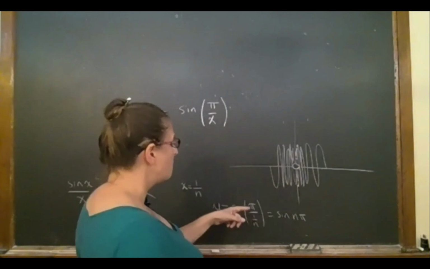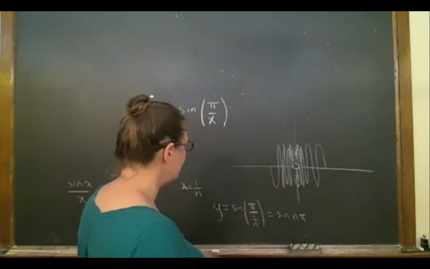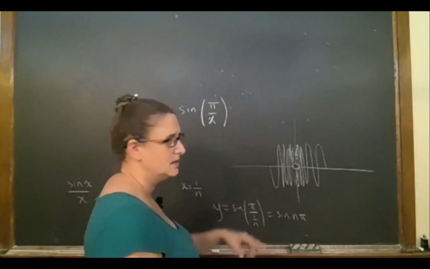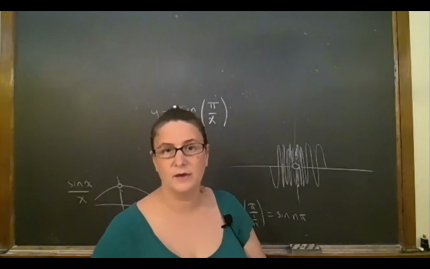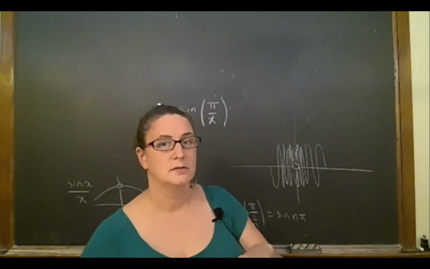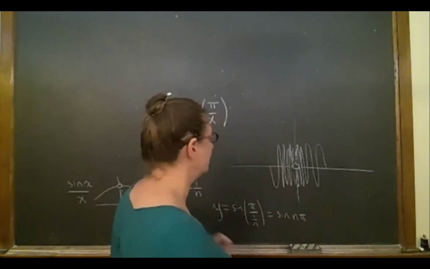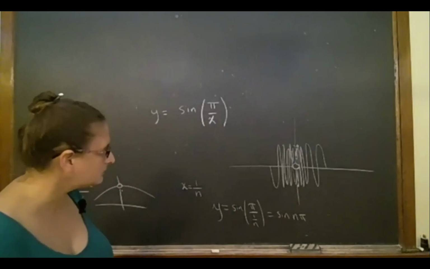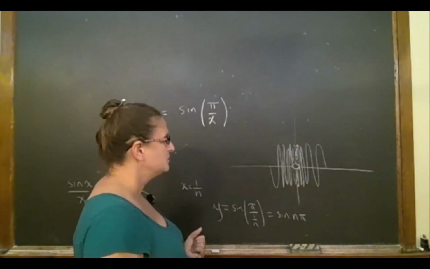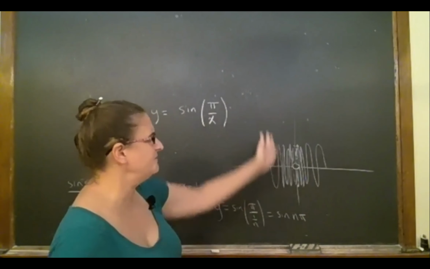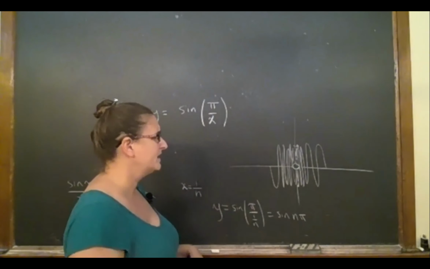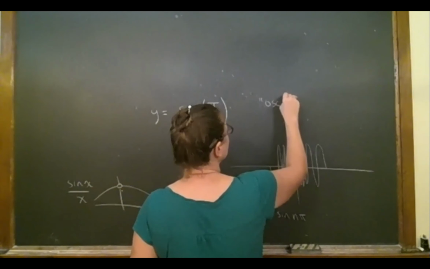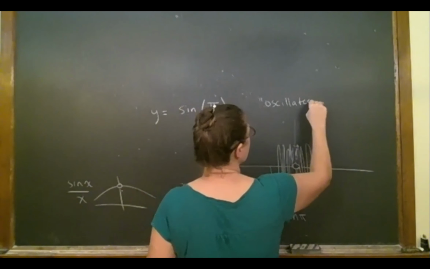But then what happens if I pick something that is going to end up as sine of pi over 2, 3 pi over 2, 5 pi over 2, 7 pi over 2? Those are all going to be values of 1. Those are all going here. So there's no specific place that it's going. We can say that this kind of function oscillates infinitely.